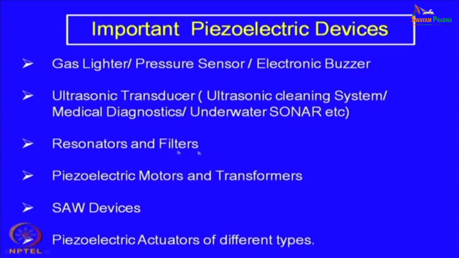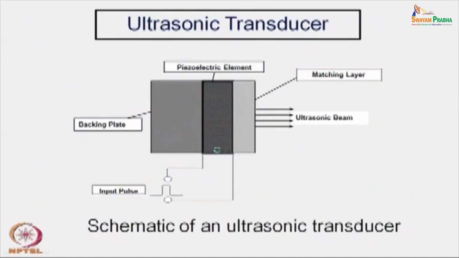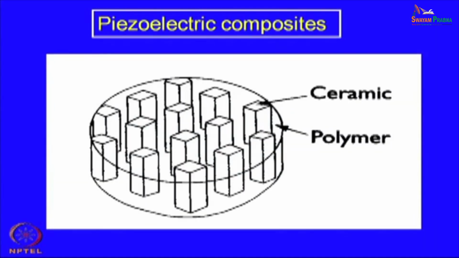Then the other category is resonators and filters, once again a very important component of electronic systems. In many electronic systems one needs either resonators with some frequencies, and also filters where one particular frequency has to be isolated from a band of frequencies, and there also piezoelectric filters are important.